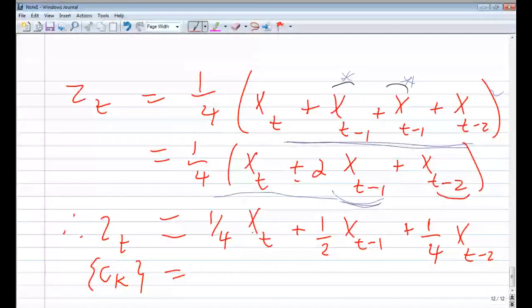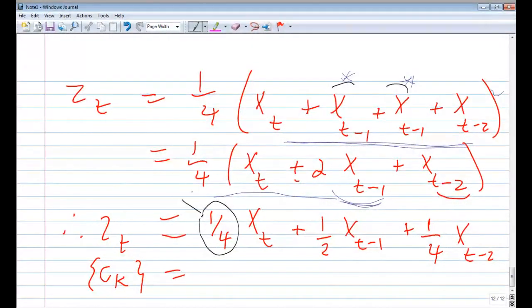So for this one, we are done. Remember, we want to find weight CK. So weight CK, now if you check here, this 1 over 4 is our C0. And this one here is our C1. And this one here is our C2.